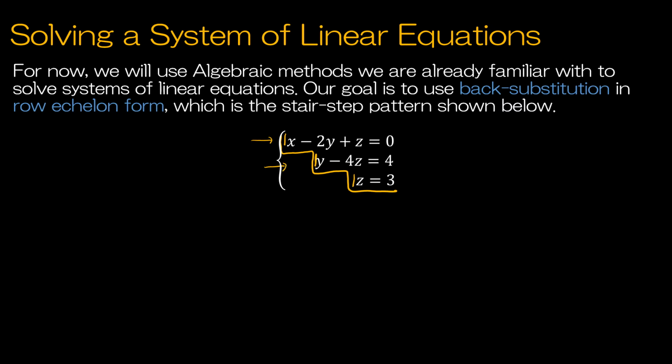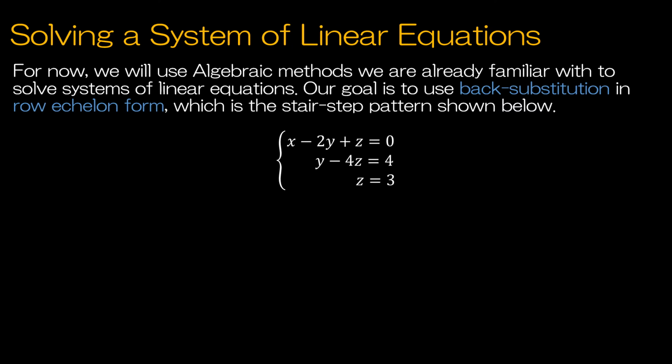The equation just below that has 1 fewer variable, so notice this one does not have an x. The one below that has 2 fewer variables, and so forth, all the way down to where we have just one of the last variable. So this is row echelon form, and we will talk about it in a little more detail in the next part of this video. But let's just remind ourselves how to solve this equation.